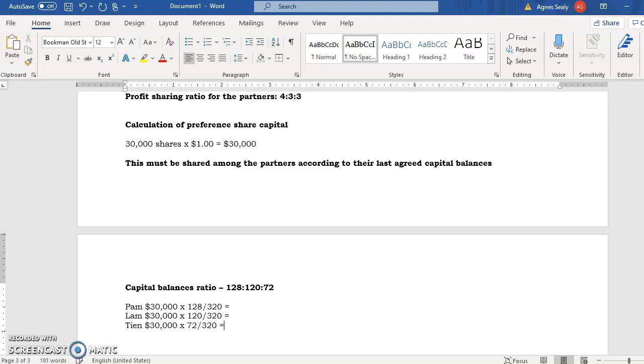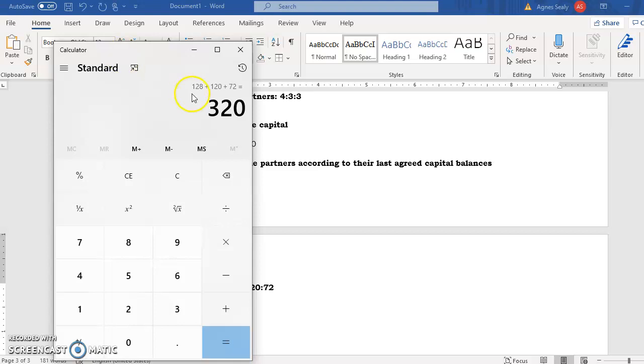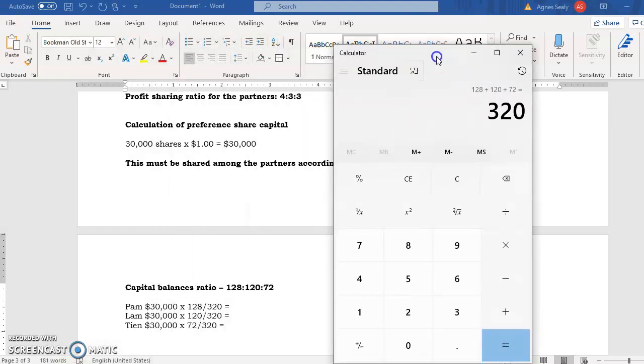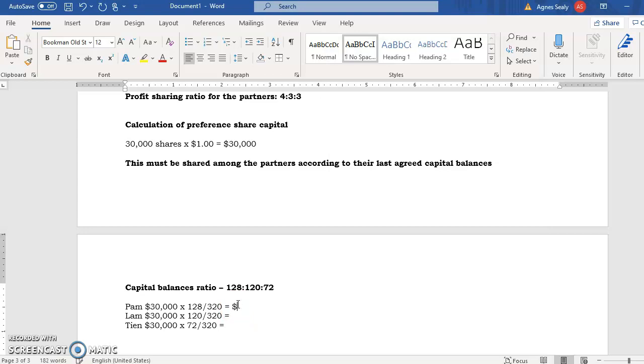It's being equitable because we're using the ratio. We're not guessing, we are just using what is given to us. So let's calculate: 128 divided by 320 multiplied by $30,000 is $12,000 for Pam in preference share capital.